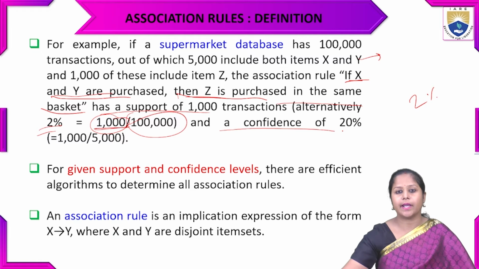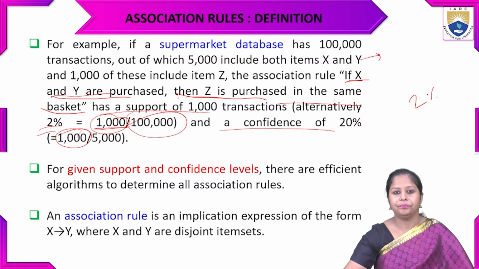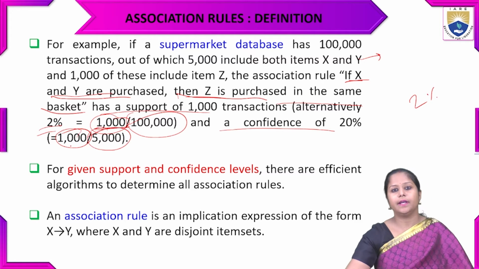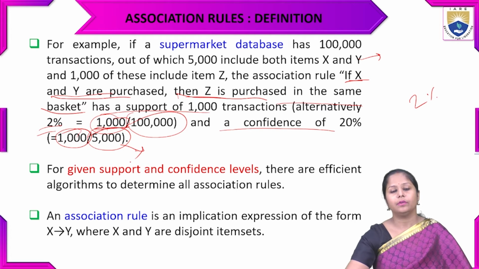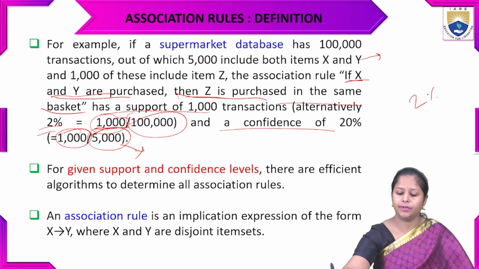The confidence we calculate is 20%, since the items purchased together are 1,000 and 5,000 is the count of the first item set purchased. So we get a confidence of 20% from this example.